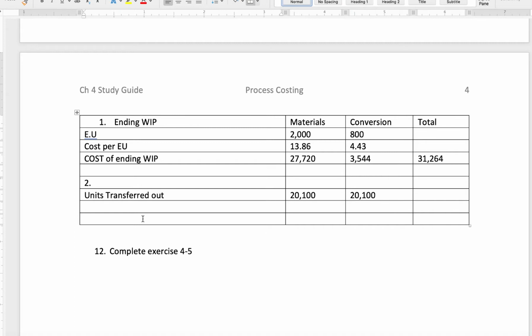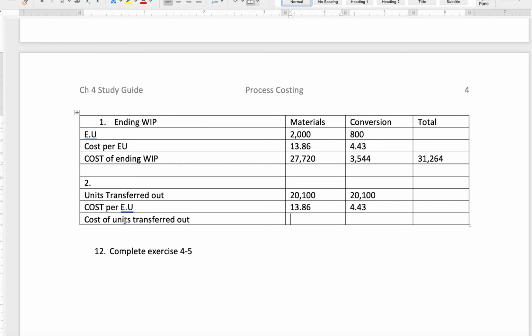Now, I need to take my cost per equivalent unit. Well, guess what? They're the same costs that we had in the first part of the problem: $13.86, $4.43. So what is the cost of units transferred out? Well, that's easy.